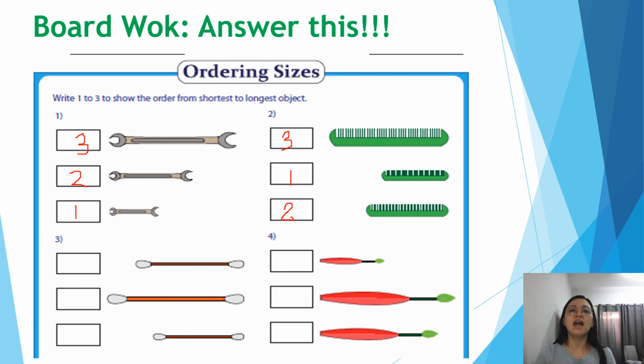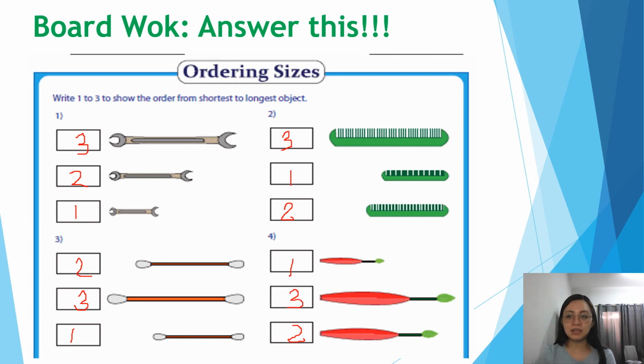Very good. How about number 3? These are cotton buds. It would be 1, 2, and then 3. Very good. Did you get the correct answer? How about the last object? It will be 1, 2, and then 3. Very good.